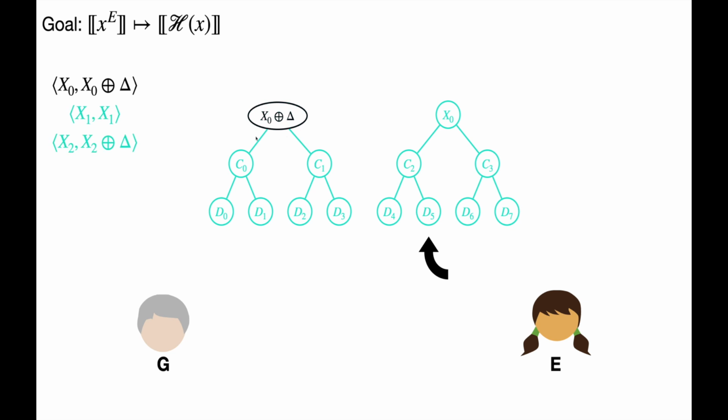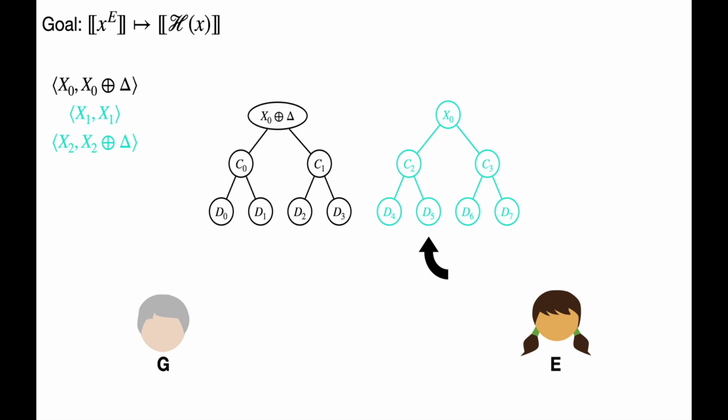E trivially recovers the left root x0 plus delta, since this is her share of the first bit of x. From here, E can repeatedly apply a PRG to recover the rest of the entire left tree. However, there are still labels in the right tree which E does not have and that are not on the path to D5. We need to convey these to E.